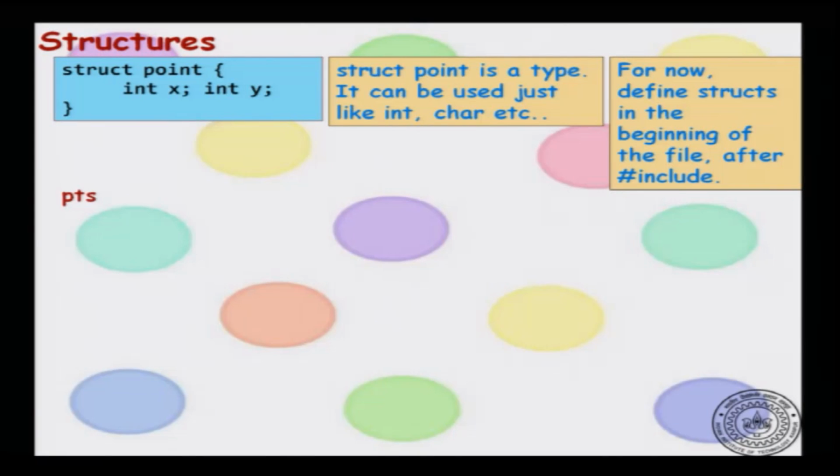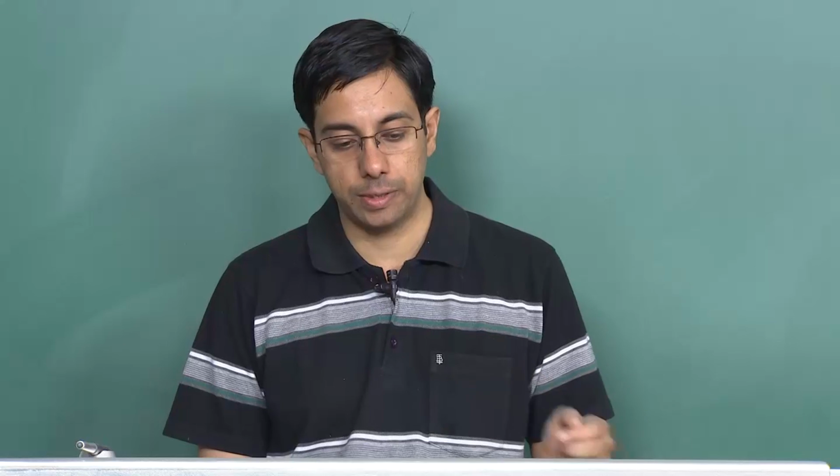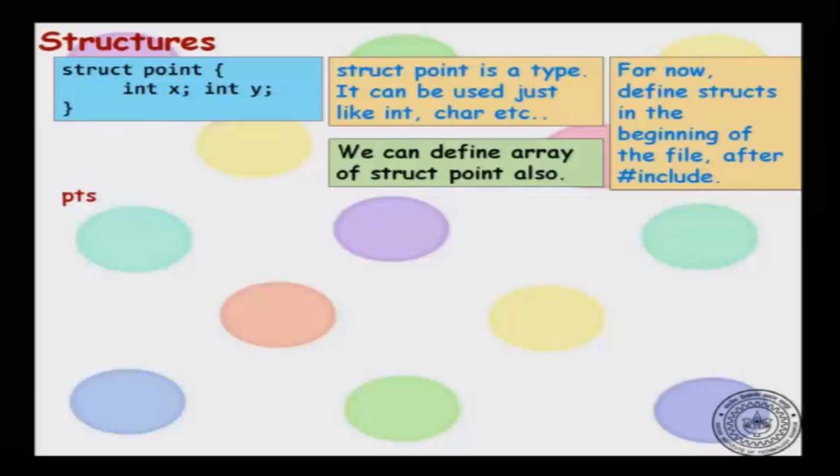Now, struct point is just a type and it can be used like any other standard C data type, even though you as a programmer have defined it. For now, how do you define a structure? Usually you define all the structures that you need at the very top of the file, just after hash include. Okay. Now, you know that with a standard data type you can define an array of that data type.